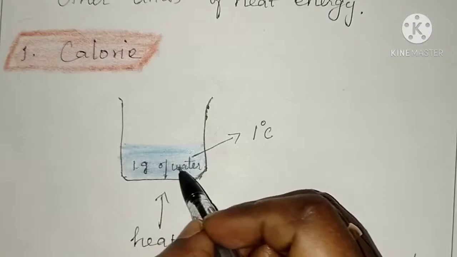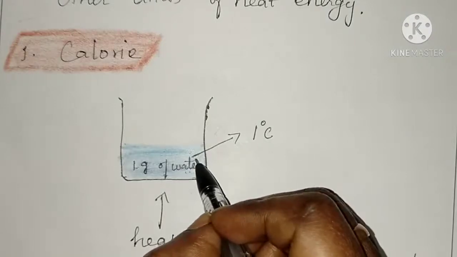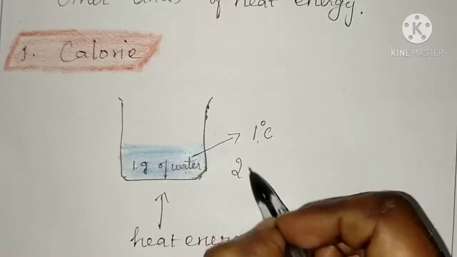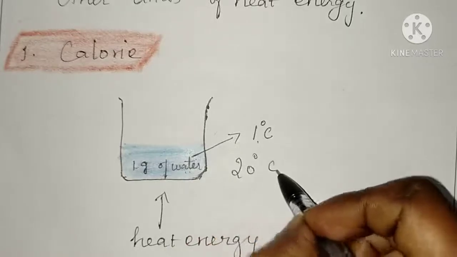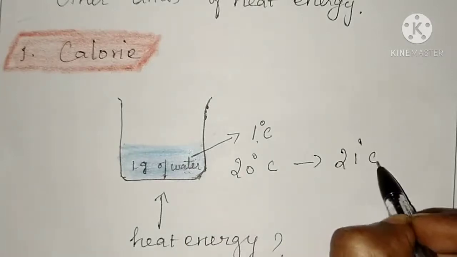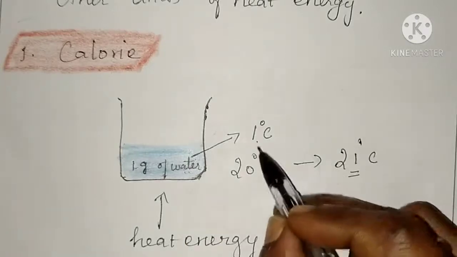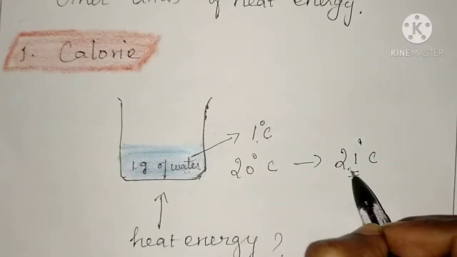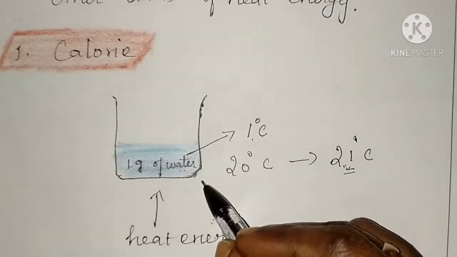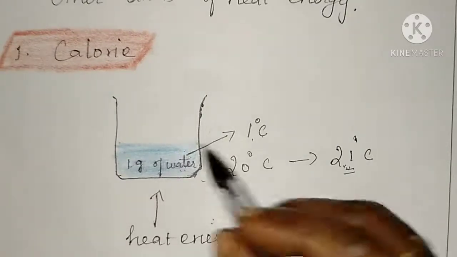For example, the water is first at 20 degrees Celsius, and we have to increase the temperature to 21 degrees Celsius. How much heat energy is required for that 1 degree increase? That is called a calorie.